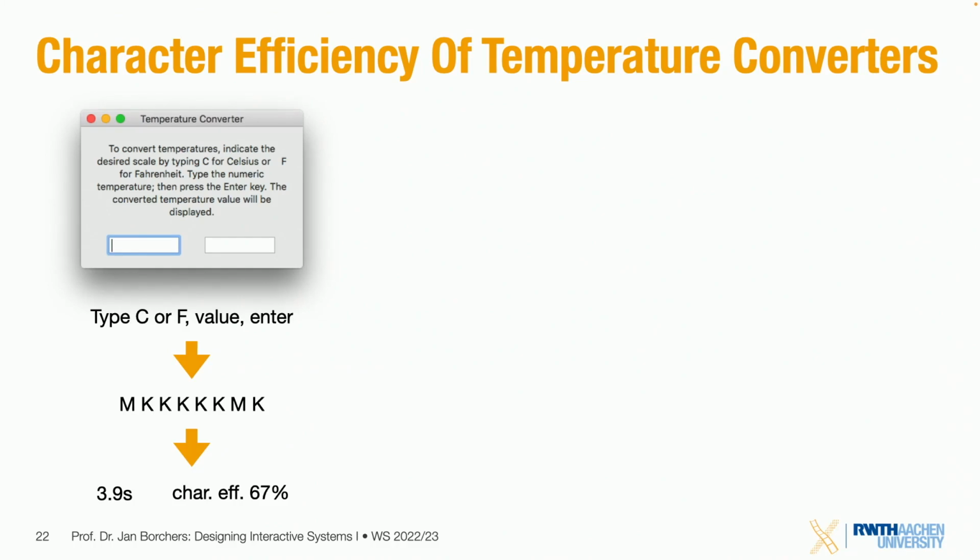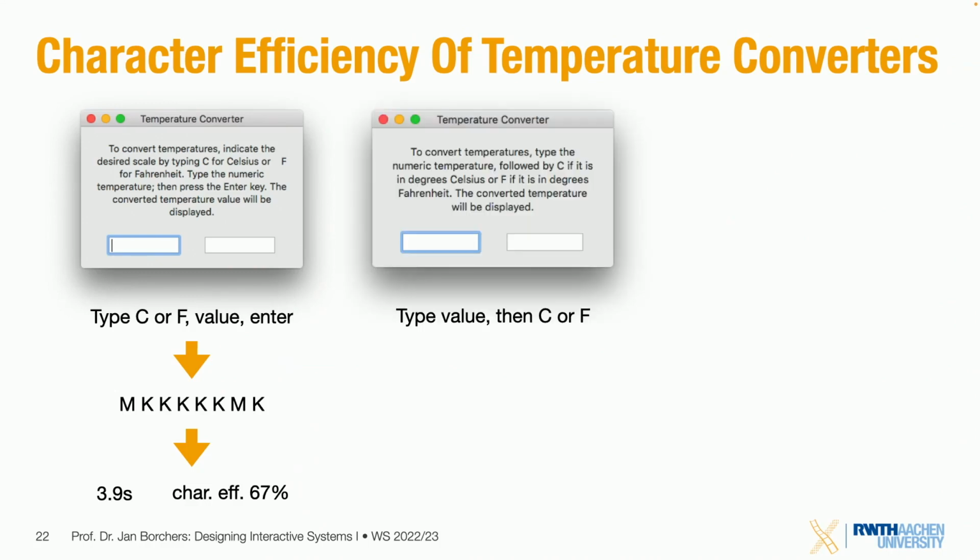And the efficiency of that, I'll show you how exactly I get to the efficiency in just a second. But it should be clear that what I really need to communicate is even less, right? Because what I really need to communicate is basically just those 4 digits that I enter and the selection whether it's Celsius or Fahrenheit, right? That's all that needs to go in there.